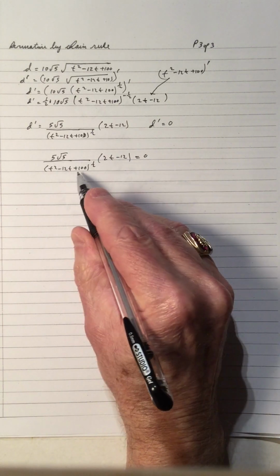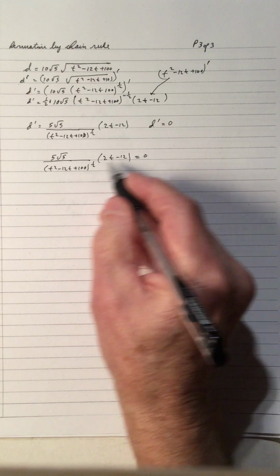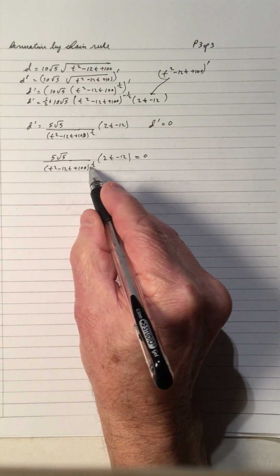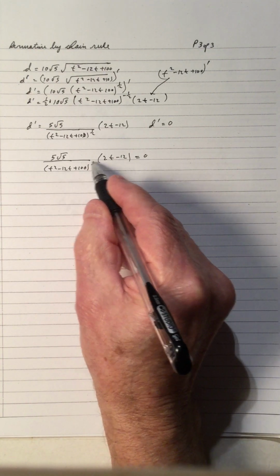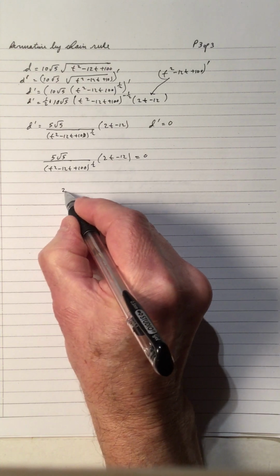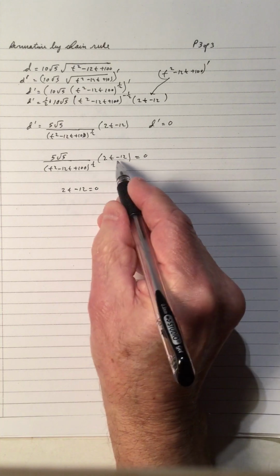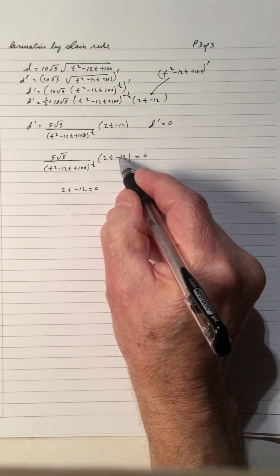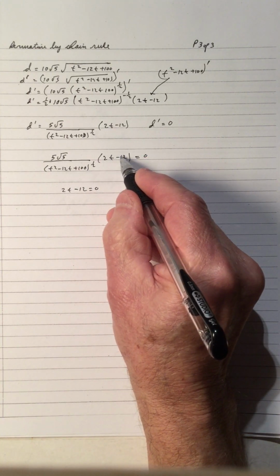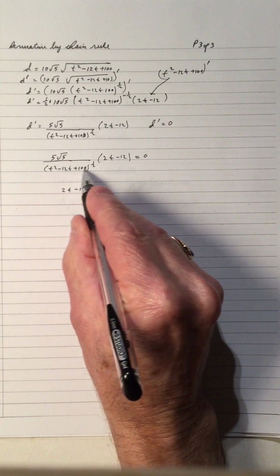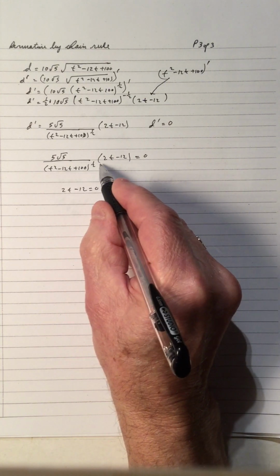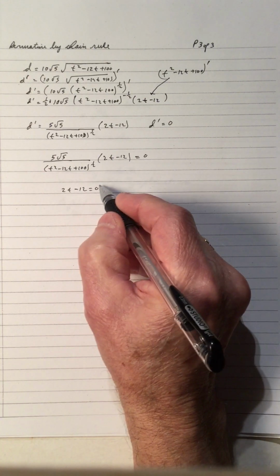And because we have a fraction equal to 0, this fraction can't be equal to 0, therefore we have 2t minus 12 equal to 0. It's the numerator that must be 0. So the 0 must come from here, because we can't get t in the bottom. So that's one way to look at it.